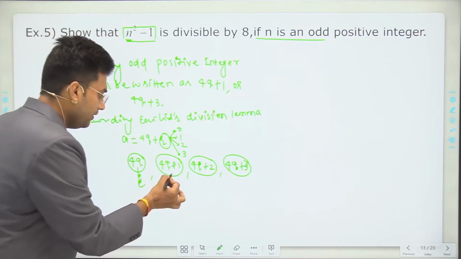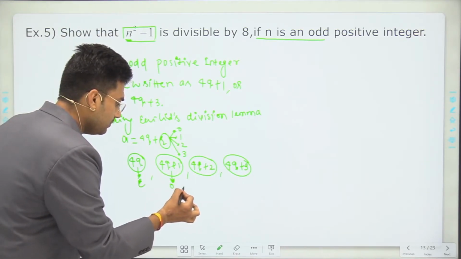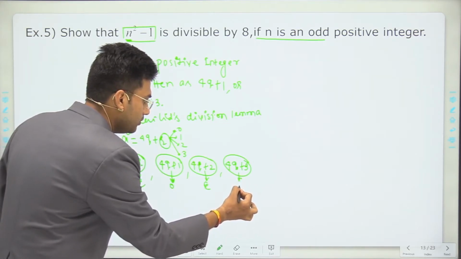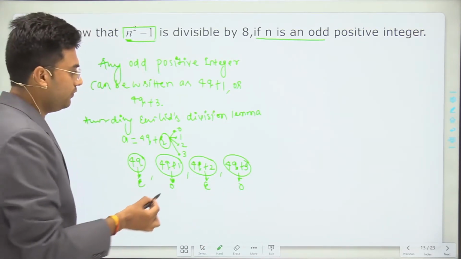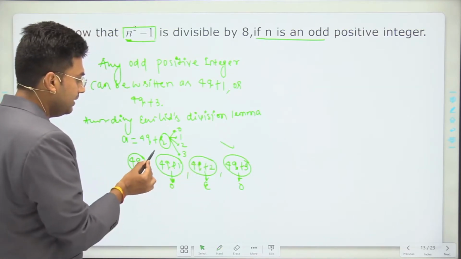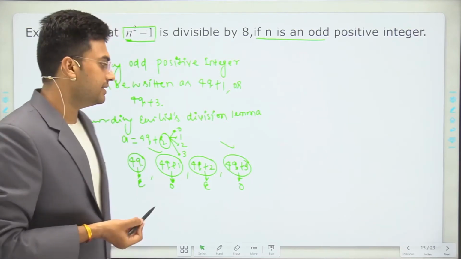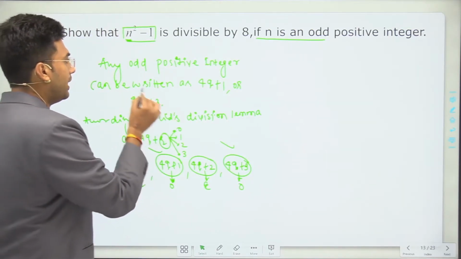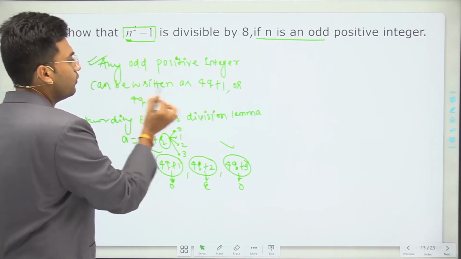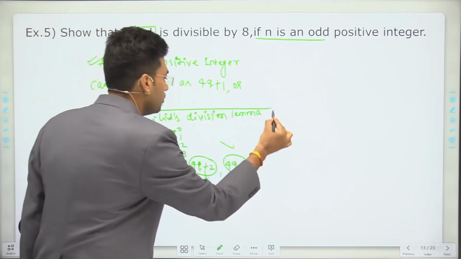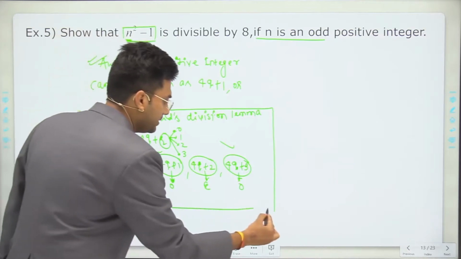Clear? We know that 4q plus 1 is the form of an odd number, 4q plus 2 is the form of an even number, and 4q plus 3 is again the form of an odd number. So we have to choose 4q plus 1 and 4q plus 3. We already discussed this example previously, so I directly use the form of odd numbers. This is for students who don't know the form of an odd integer.